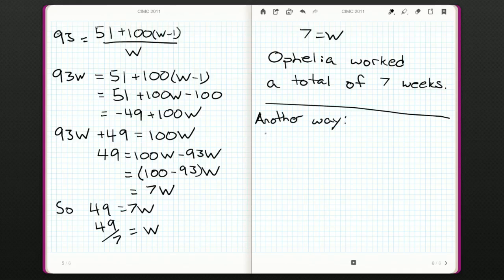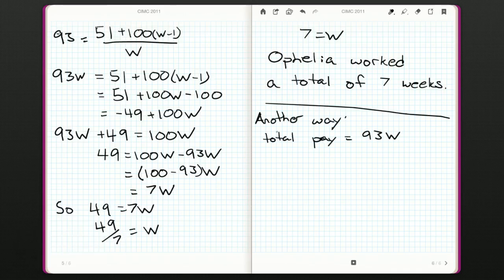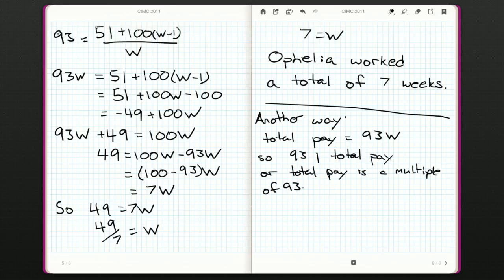We could rearrange the original equation and say the total pay is 93 times W. So W, being an integer, means that 93 divides total pay, or total pay is a multiple of 93.